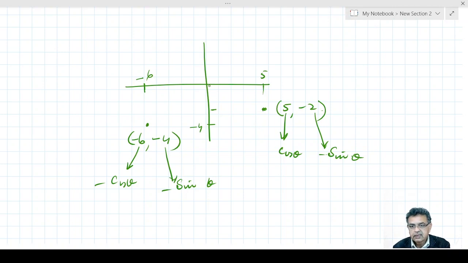Whereas theta in this case, when we draw a line this way, this is theta here. For this angle, you can see that this is downwards, that means negative, so sin is negative, and it is moving towards right, so cos is positive for this point.